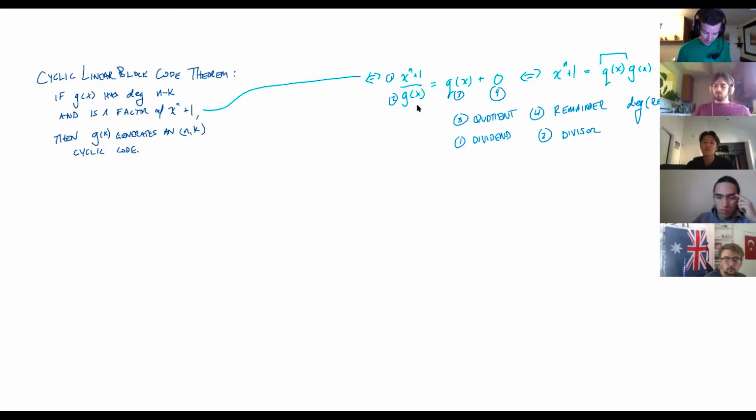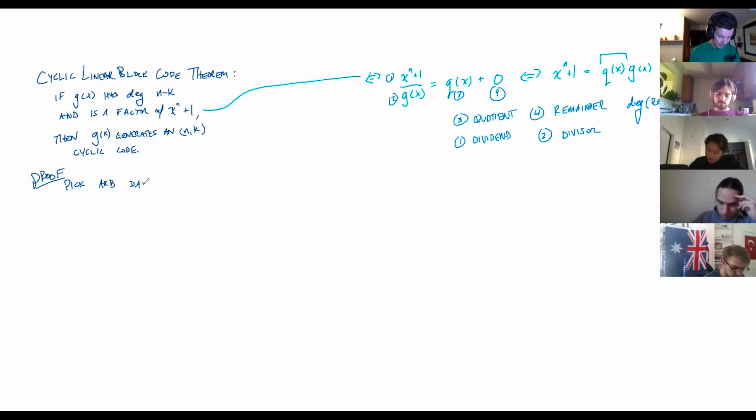Okay, so let's go back and talk about how one might prove this claim, that there are really only 2 requirements on a cyclic code generator. So I think the way to think about this is, let's pick an arbitrary data word. We'll call it D, and we'll represent it as a string of bits, D1, D2, up to D sub k.